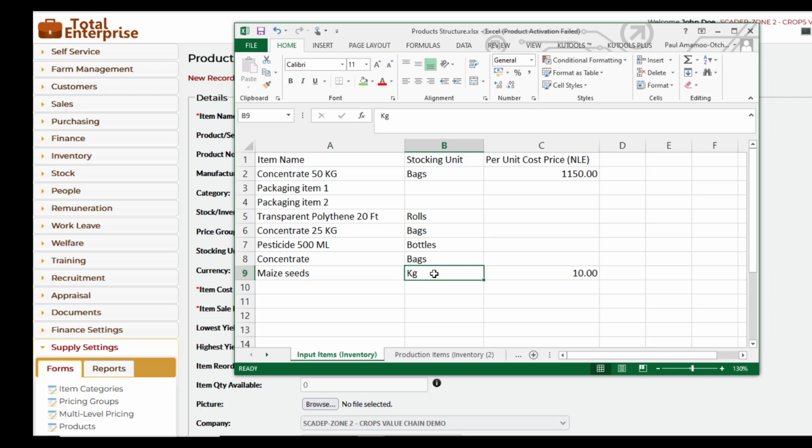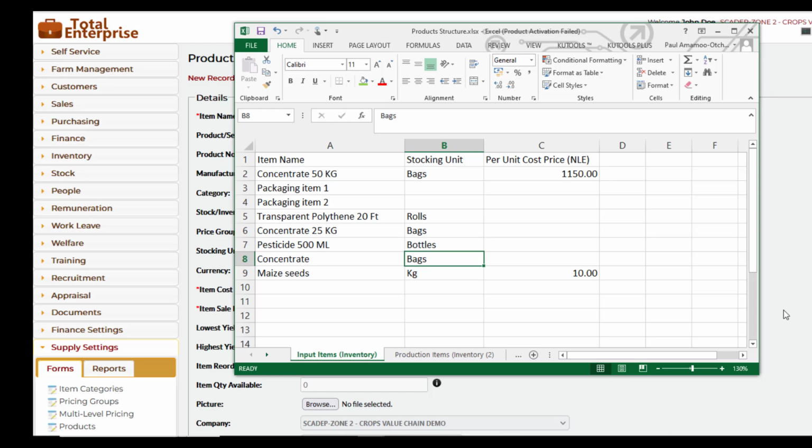So long as the unit is what is measured, and you are paying according to the unit, that is your stocking unit. I think I've explained this very clearly. So this is how you know whether your unit is the scientific metric or the standard packaging material in which the item you are buying comes.